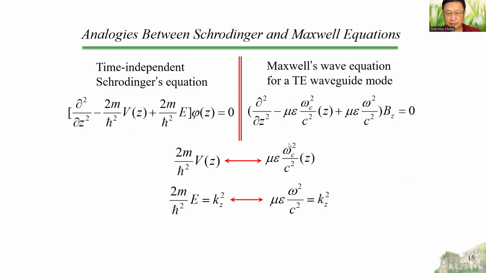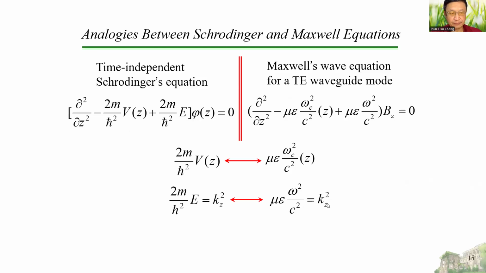Omega c just plays a role similar to V. Omega c squared, cutoff frequency squared. Okay, similar. And the energy of the particle can be replaced with kz squared, just like this part is kz squared.